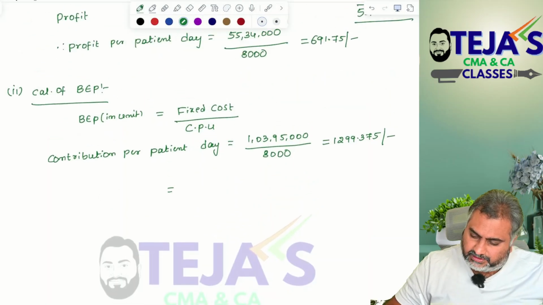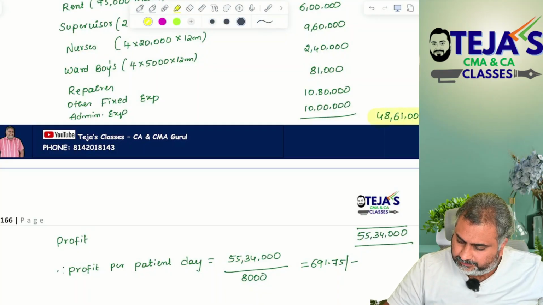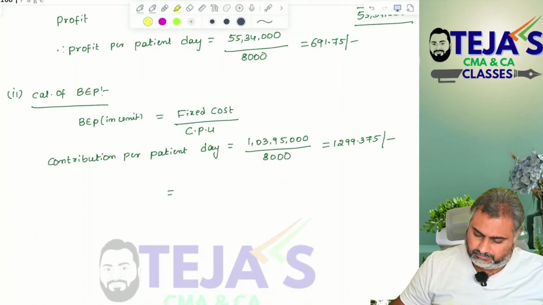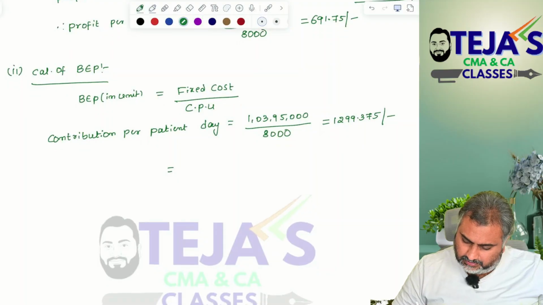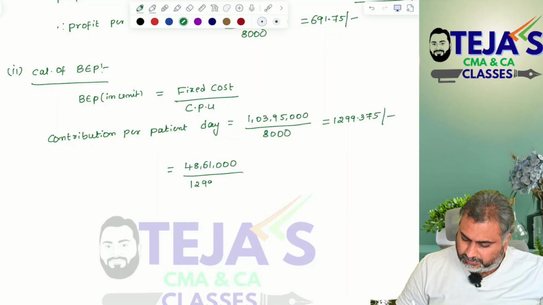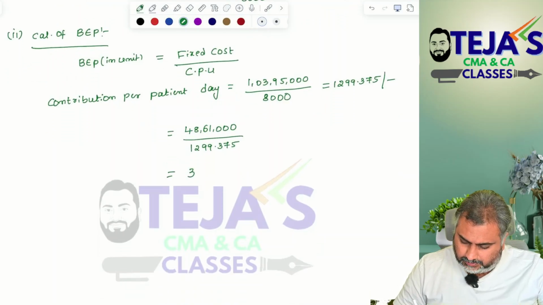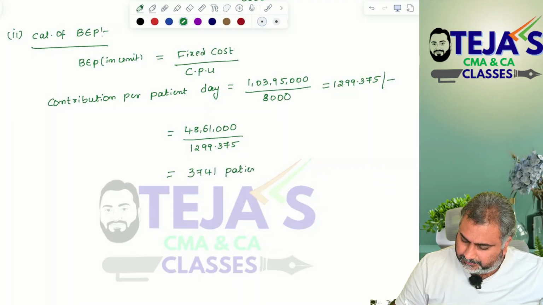Now the break even point. Fixed cost we already calculated. How much, sir? 48 lakh 61,000. So 48 lakh 61,000 divided by 1299.375 is equal to 3741 patient days.